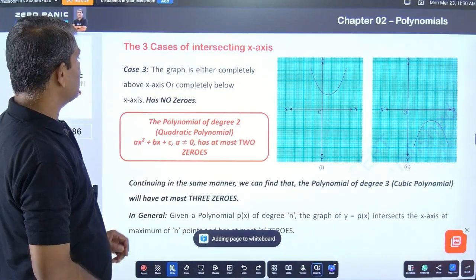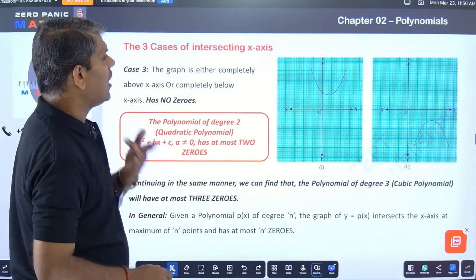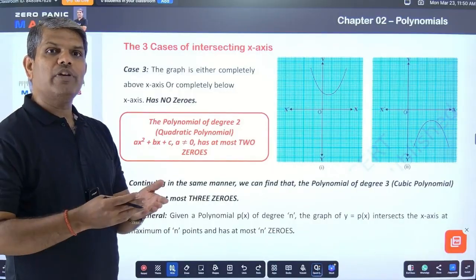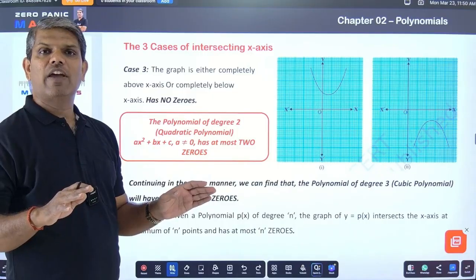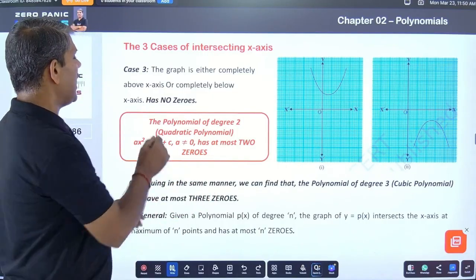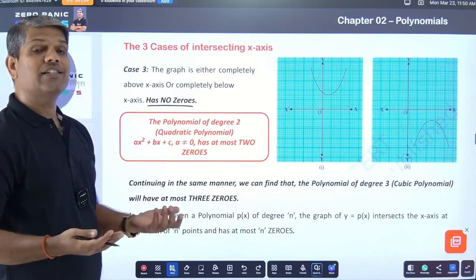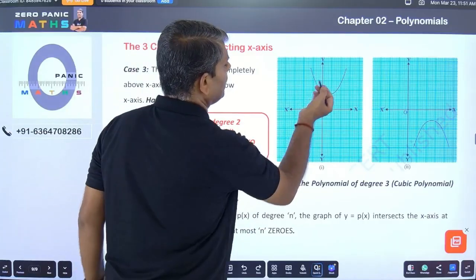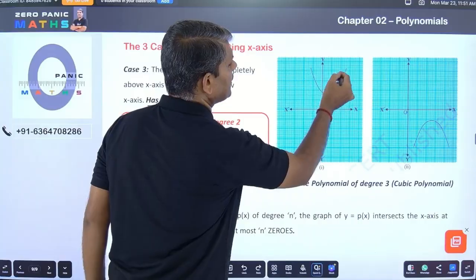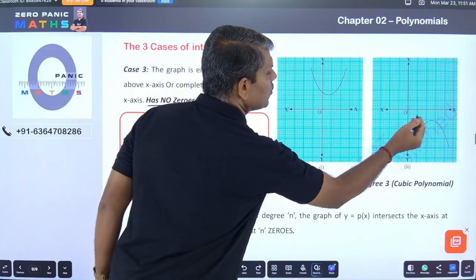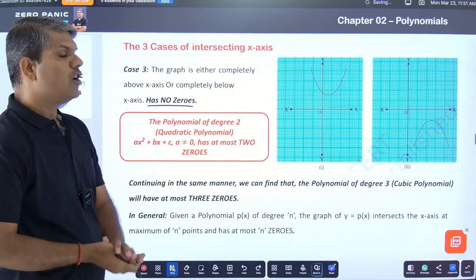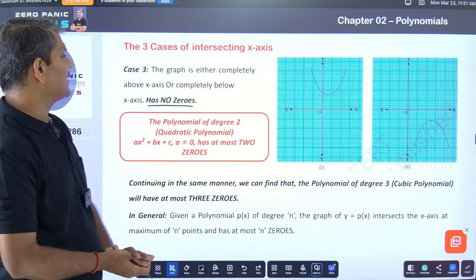Now there is another case where a polynomial might not have any value that makes it 0, or there are no zeros at all. What is that case? If the values taken make us plot the graph like this, or downside, it is not even touching the x-axis nor intersecting it.